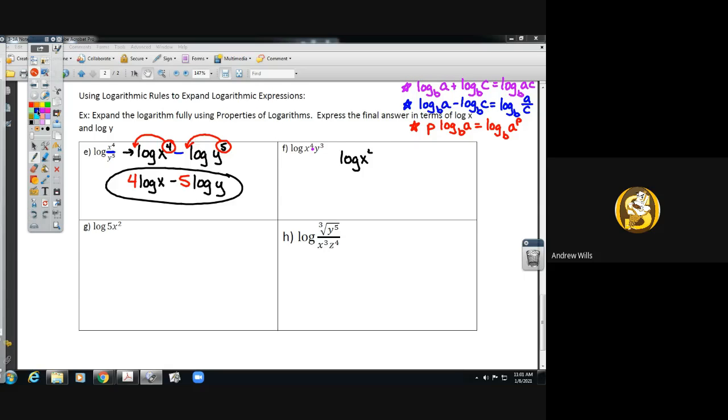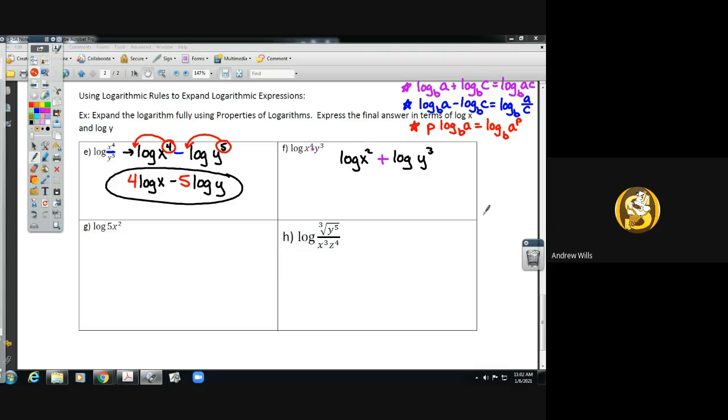These two logarithms would be added together because we're using the product rule, plus the log of y to the third. So we take the multiplication expression, we break it into two separate logarithms with a plus sign in between, because the product rule says if a logarithm contains a product, it can be split into two separate logarithms being added together.